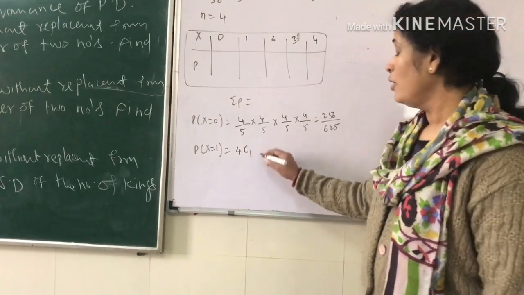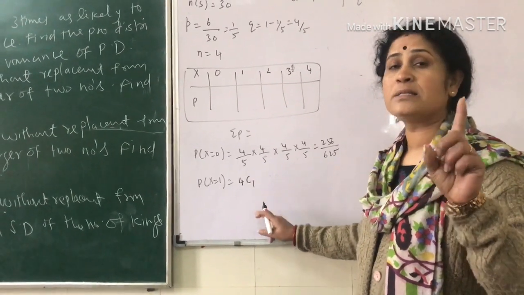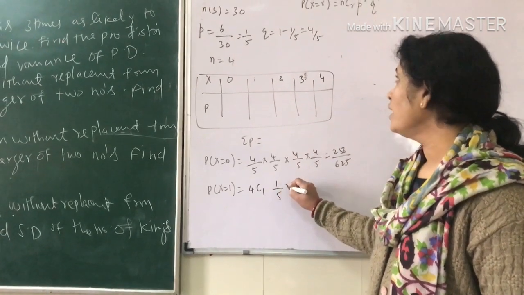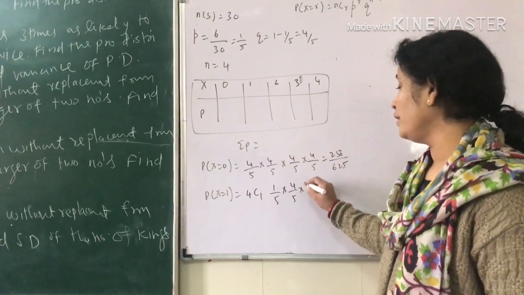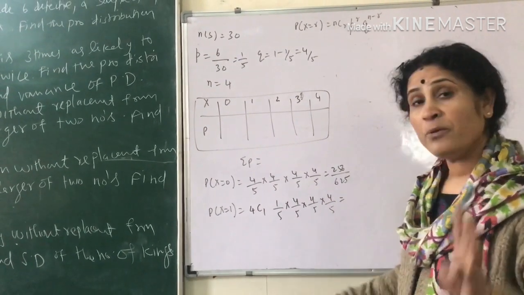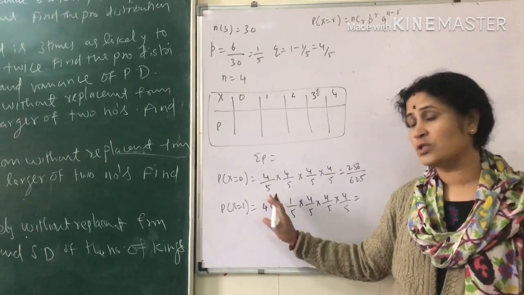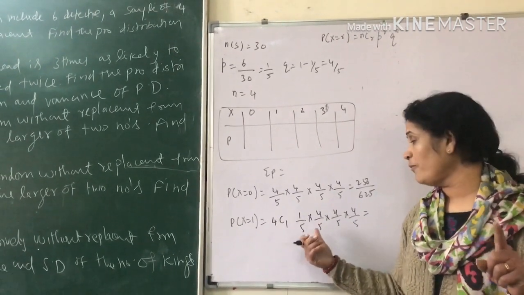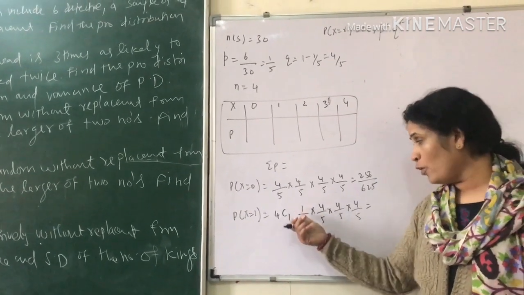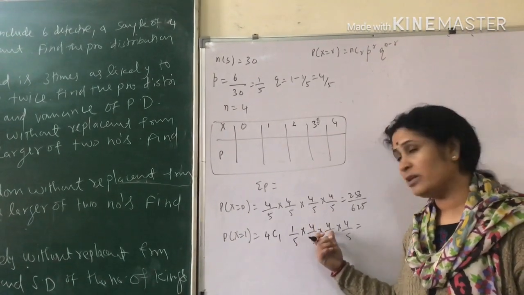Let me explain. 4C1 means out of 4 draws, 1 is defective. So 1 defective is 1 out of 5, into the remaining 3, 4 by 5 into 4 by 5 into 4 by 5. This will happen 4 times. How do you know? If you are not writing 4C1, then it becomes 1 by 5 into 4 by 5 into 4 by 5 into 4 by 5, plus 4 by 5 into 1 by 5 into the remaining same.